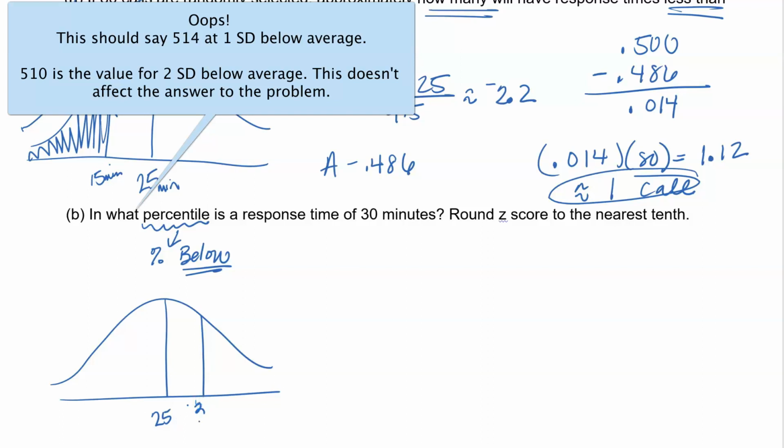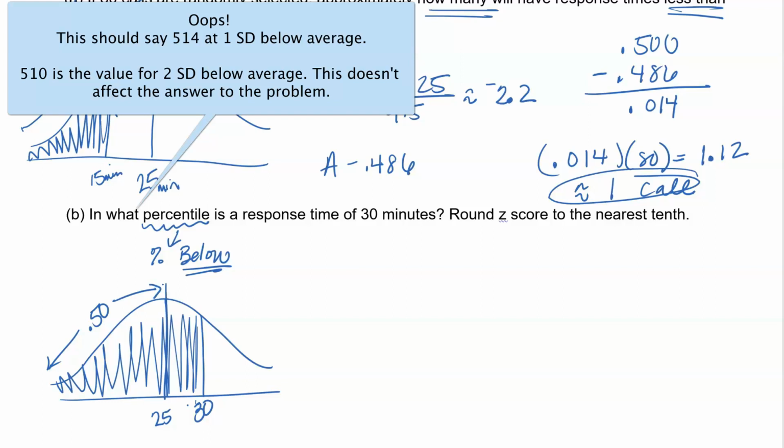And if I want the percentage below, I want all of this, okay? Now I know that 0.50 is the area of everything to the left of the average. I need to know what's the area between 25 and 30.